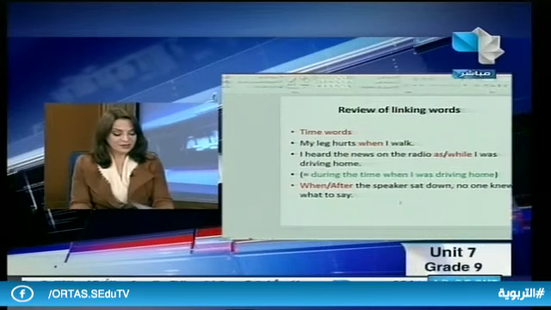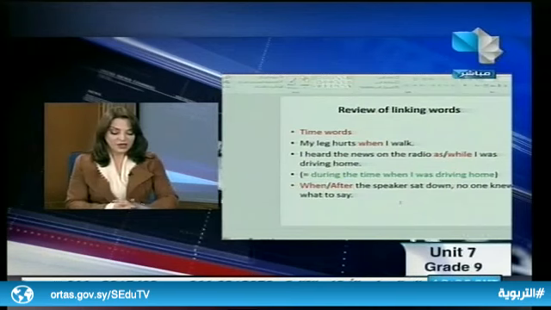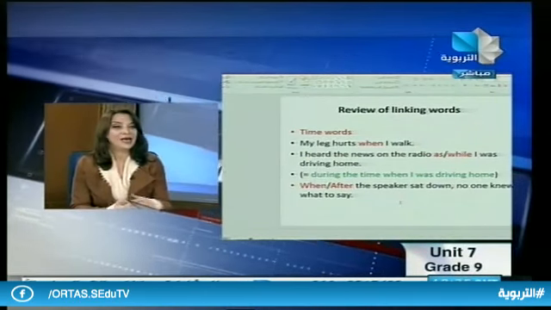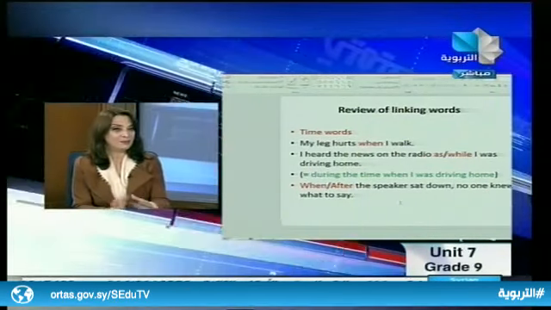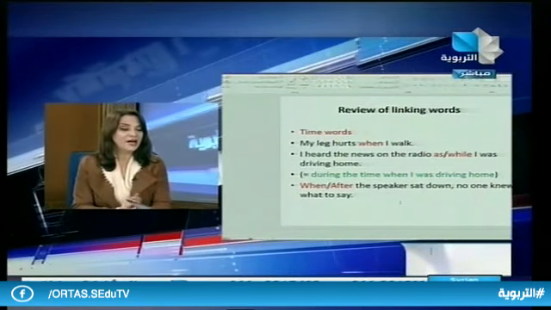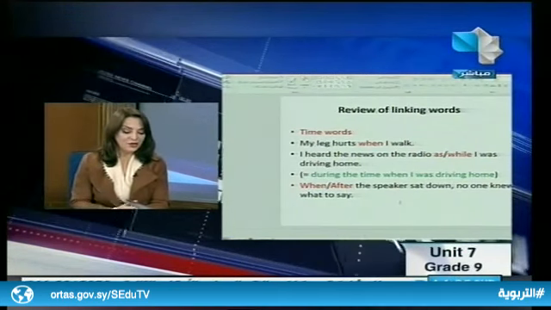Let's have another example, Ms. Nagam. When or after the speaker sat down, no one knew what to say. Here we have when or after. Actually, when itself can take also many meanings depending on the event itself. After and when here have the same meaning. When the speaker sat down, no one knew what to say.